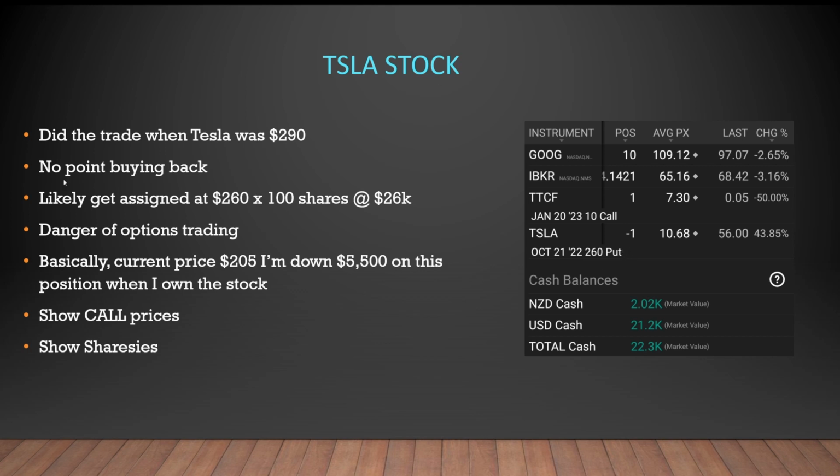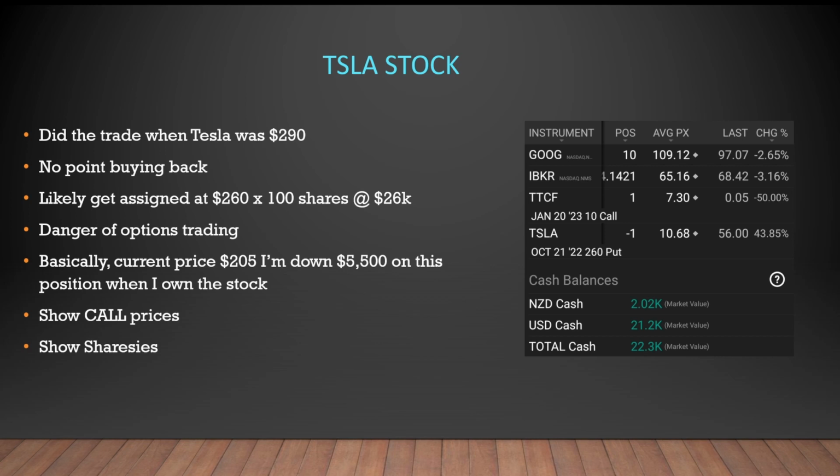So over in my notes we can see that there's no point buying it back because it's worth a lot of money. I'm okay to own the shares because I believe in the company, although it is now going to cost me 26,000 US dollars. This is really the danger of options trading when you're trying to wheel it for a premium. If it goes so far in and you've got the numbers wrong, well, now you're going to own the stock. If you go back a bit, the stock was at 290, so buying them at 260 at the time I thought was a good deal.